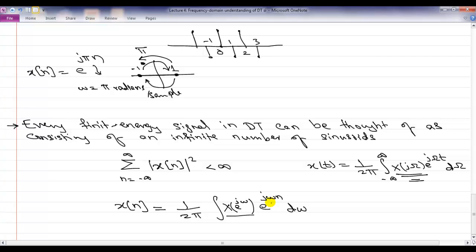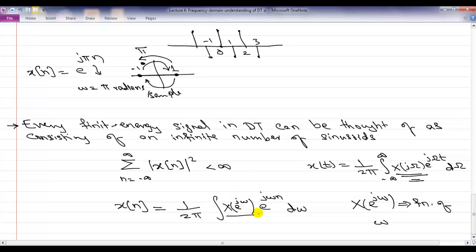Okay, so you should really think of this as X of e to the j omega. It's nothing more than saying it's a function of little omega. Okay, e to the j is just there to distinguish it from the continuous time Fourier transform.